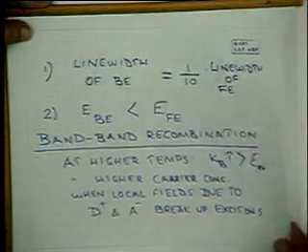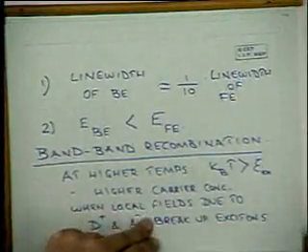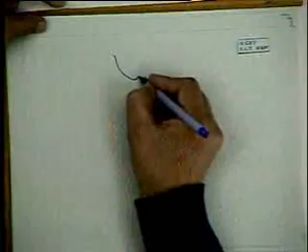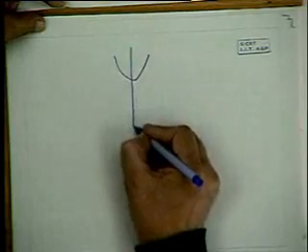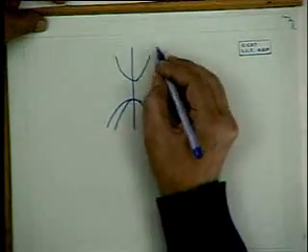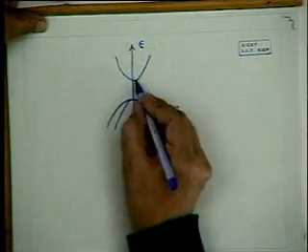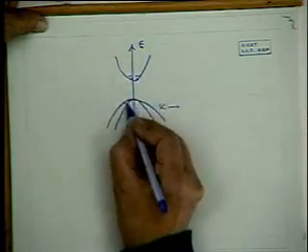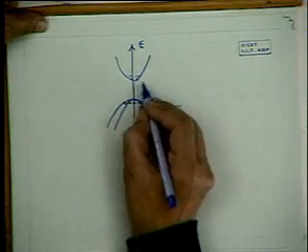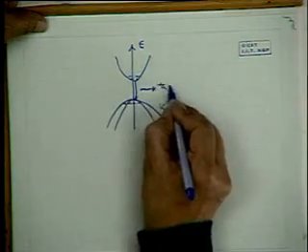Obviously, in this case, we are looking at direct recombination between electrons and holes.